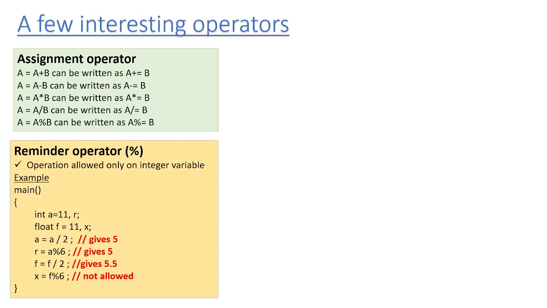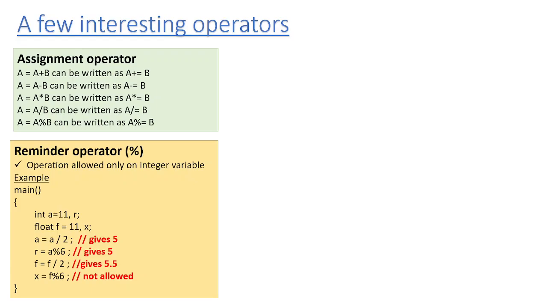So let us consider the remainder operator. The remainder operator is one of the very useful operators, and the operation is allowed only on integer variables. Let us consider this example where we have taken int a equals 11 and float f equals 11.